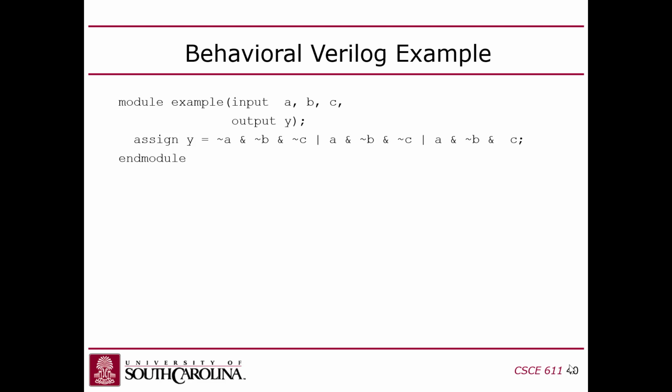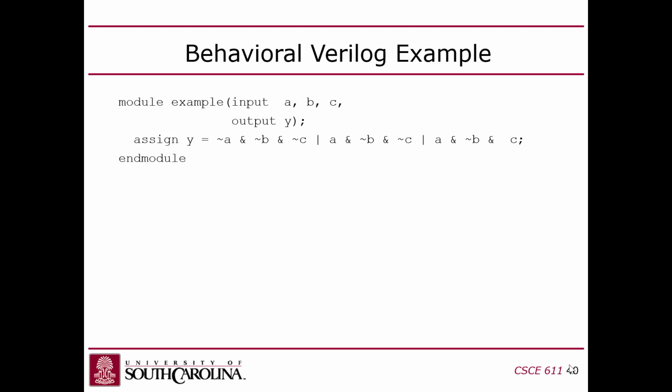Bar, which is the or, so the syntax kind of looks like Java. Ands are and gates, well, I shouldn't say logical ands, bitwise ands. Bar is like a bitwise or. So this is literally just a Boolean expression. So y is being assigned as a Boolean function of a, b, and c.